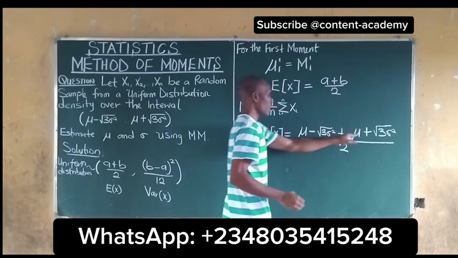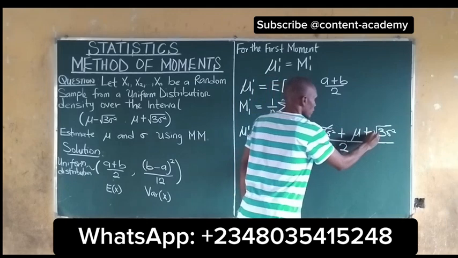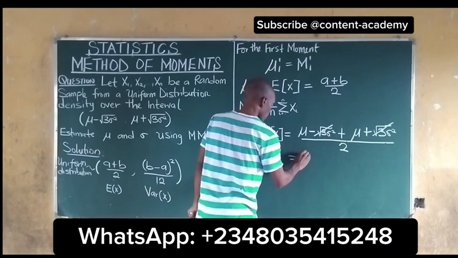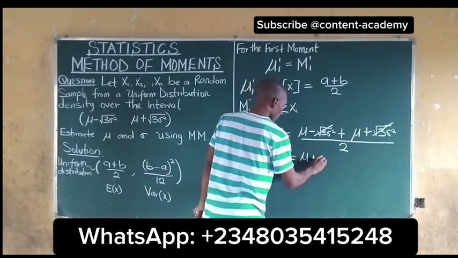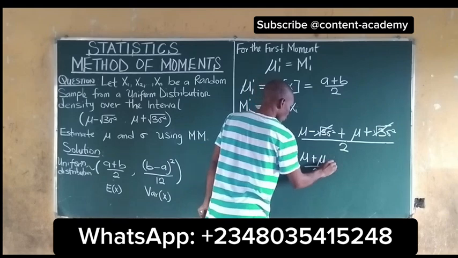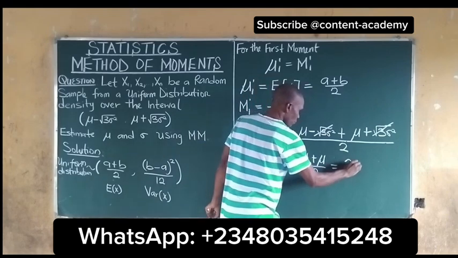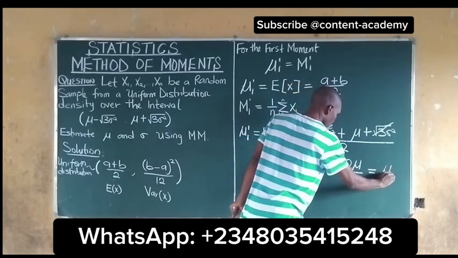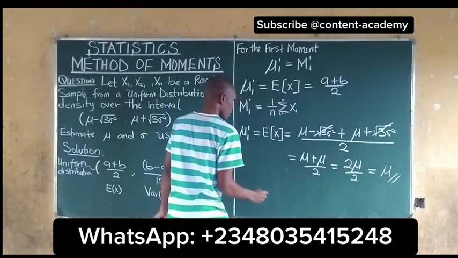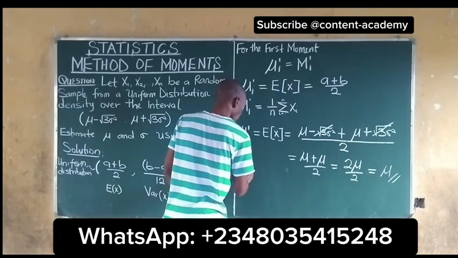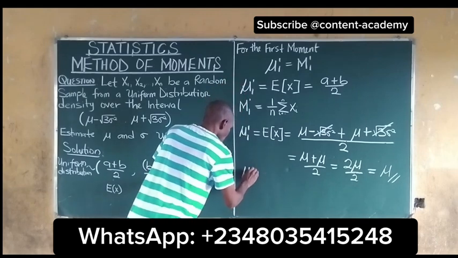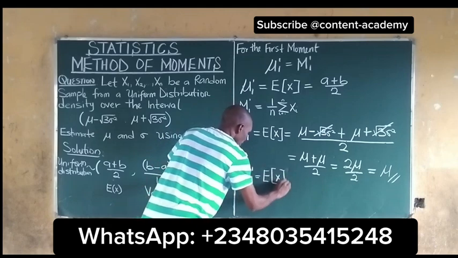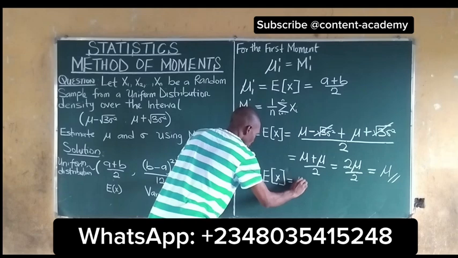Of course, this can cancel this, and we'll be left with mu plus mu all over 2, which is the same thing as 2 mu all over 2, which is the same thing as mu. So it then means that mu 1 is equal to the expected value of x, which is equal to mu.